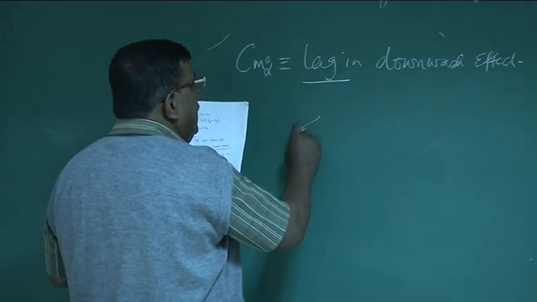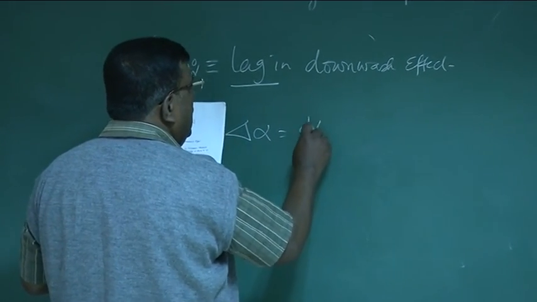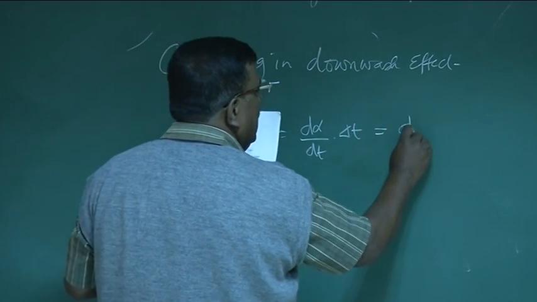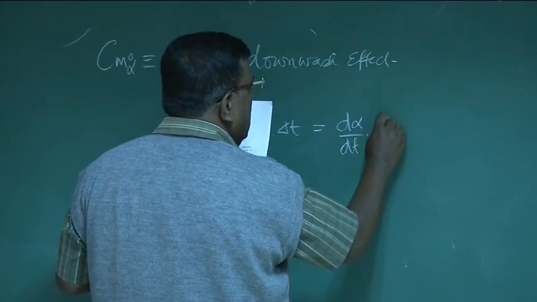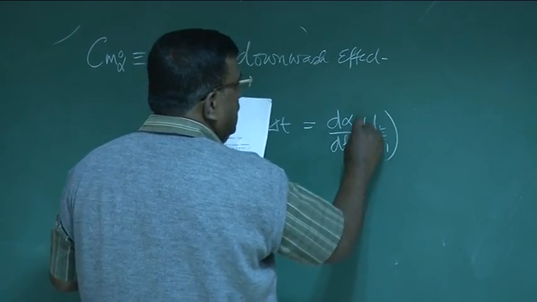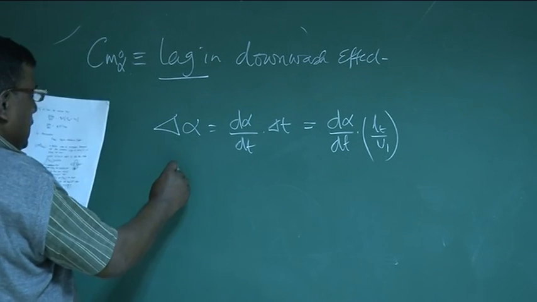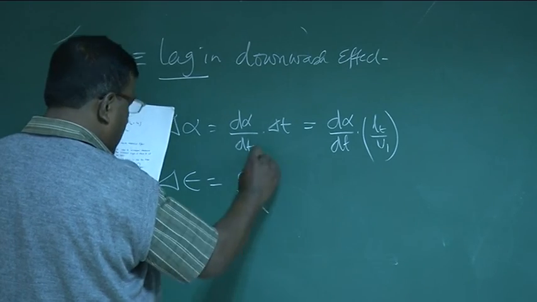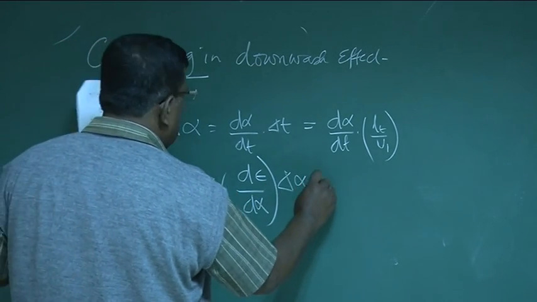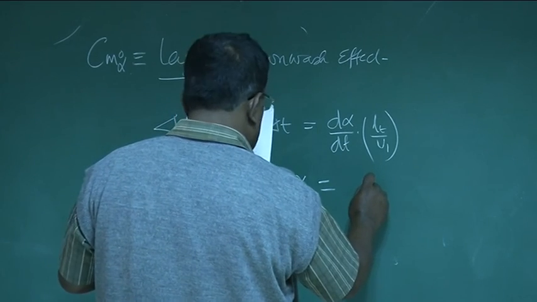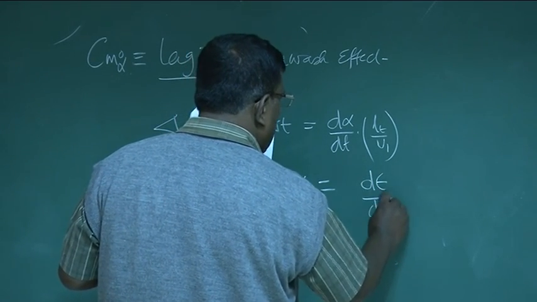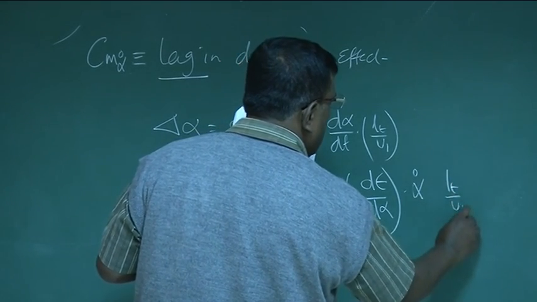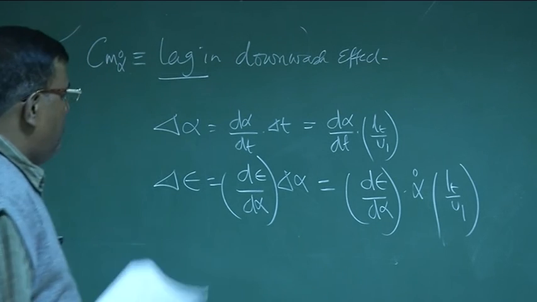So you know delta alpha will be how much? That will be d alpha by dt into delta t, and delta t is nothing but Lt by u1. And what is delta epsilon? Delta epsilon will be d epsilon by d alpha into delta alpha, and that is equal to d epsilon by d alpha into alpha dot into Lt by u1, right?